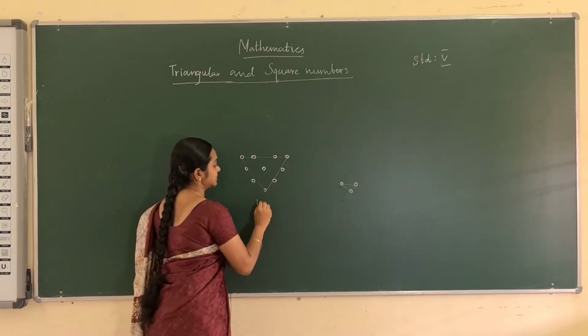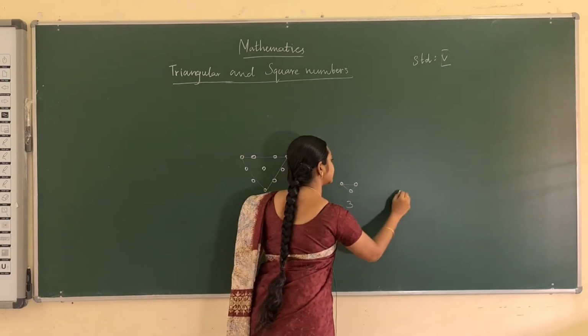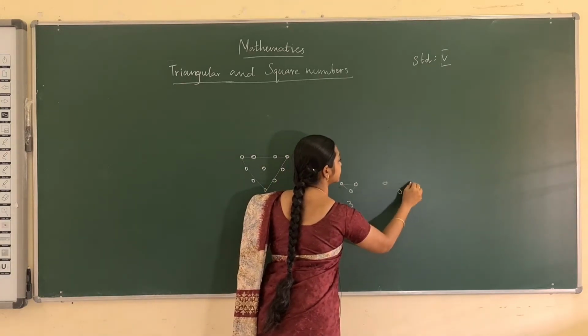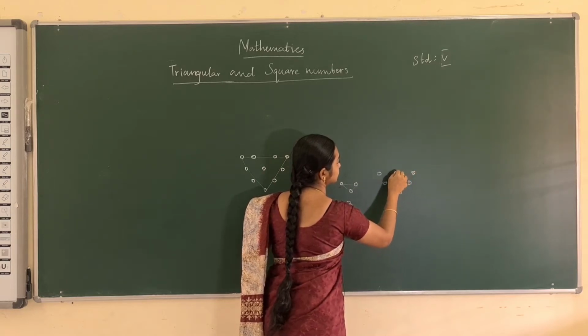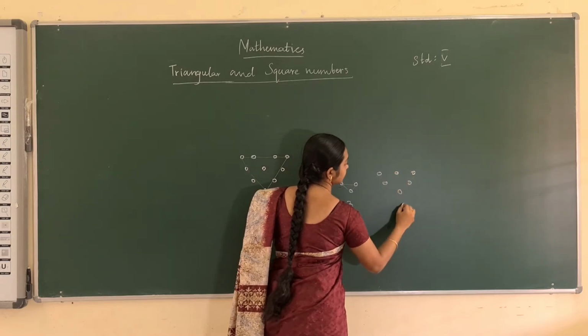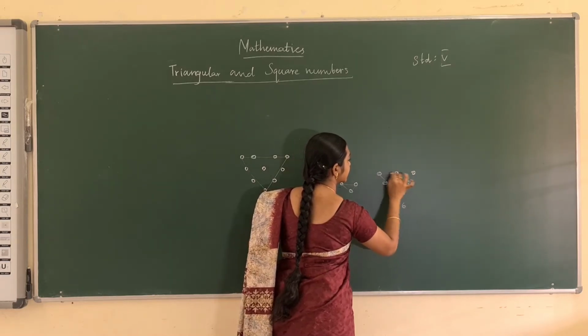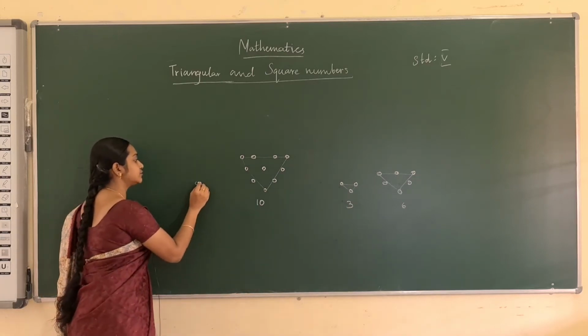Here 10 dots are used. Here 3 dots are used. Here 6 dots are used to form a triangle, and we can use 1 dot also to form a triangle.